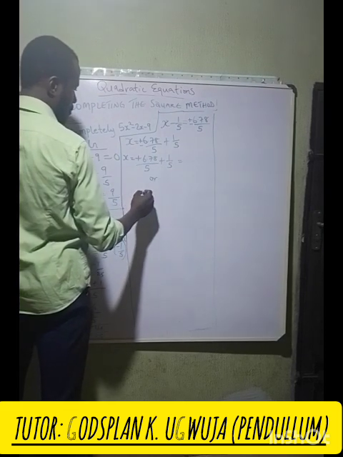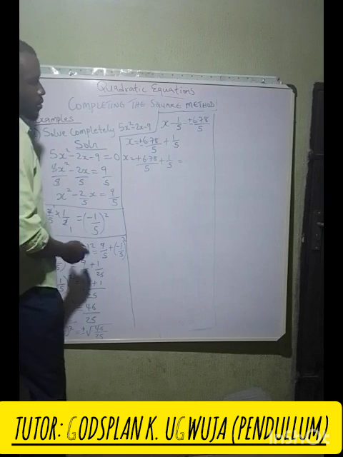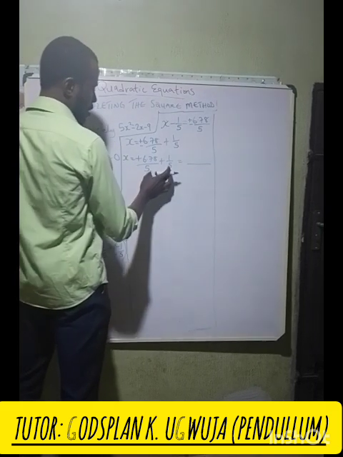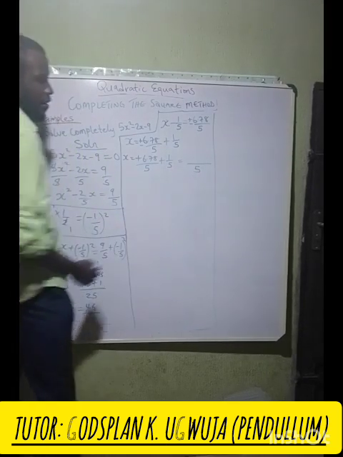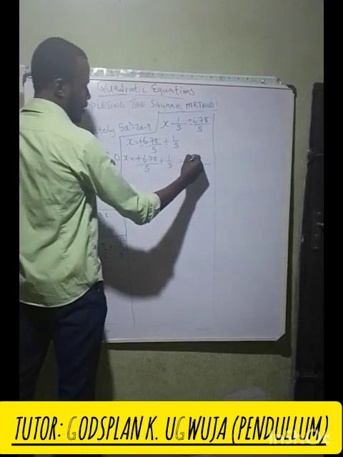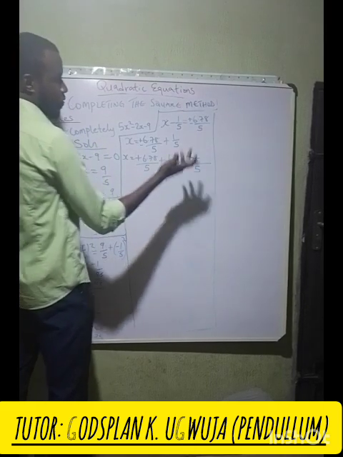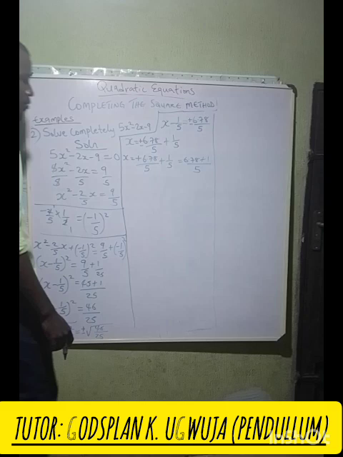Maybe let's just finish so that, because of space. So if we solve this, the LCM of both is 5. So 5 into 5 is 1. 6.78. 5 into 5 is 1. 1 times 1, 1.